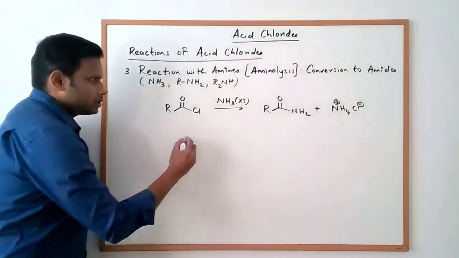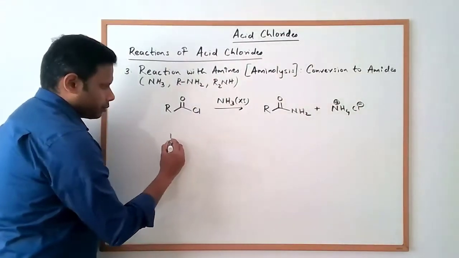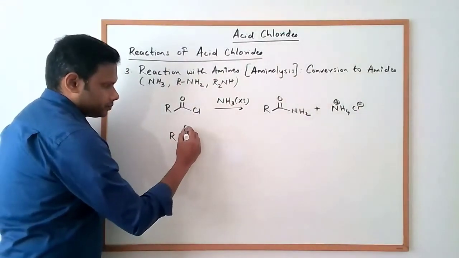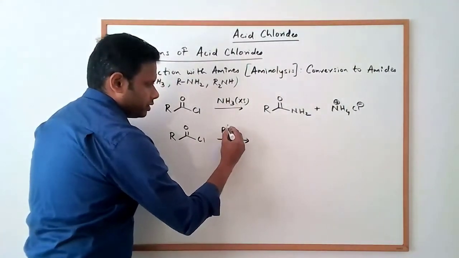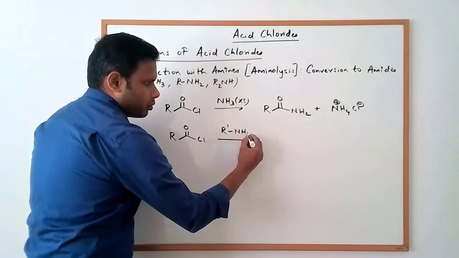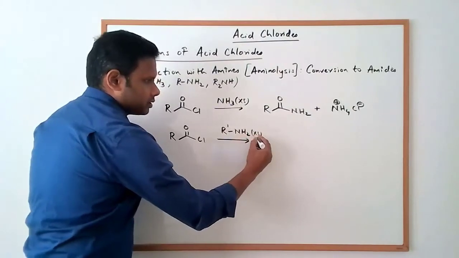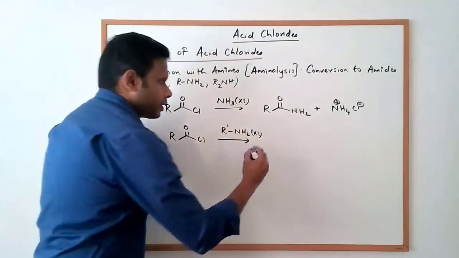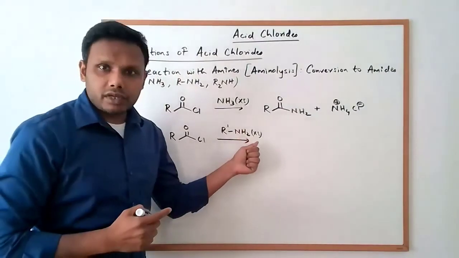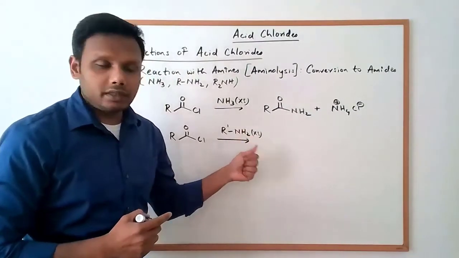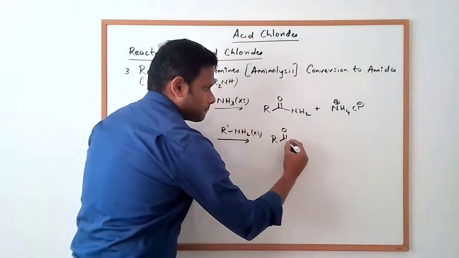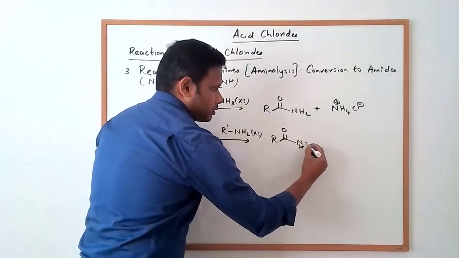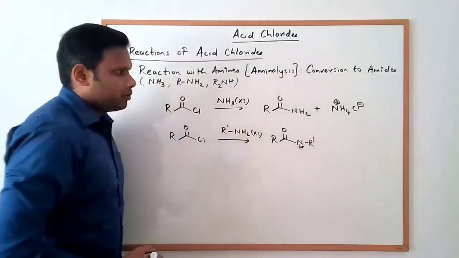Now, if we use a primary amine instead of ammonia, again, excess of the primary amine, and we will look at the mechanism, and that will help us understand why we need the excess here. This would give us a secondary amide.